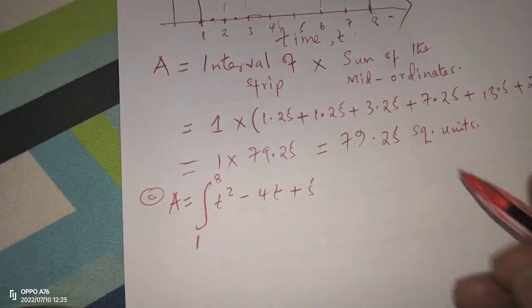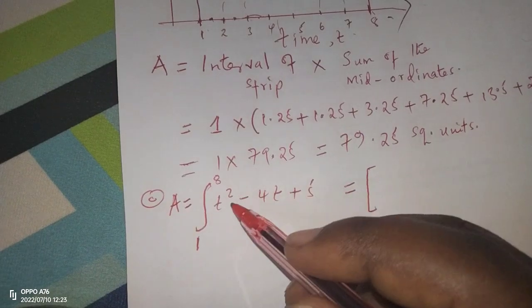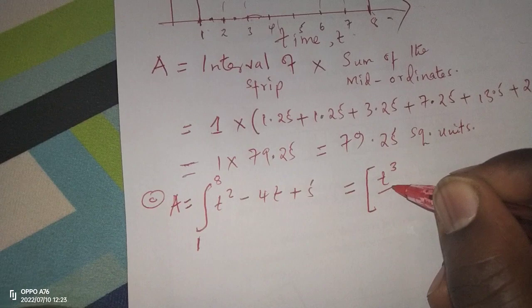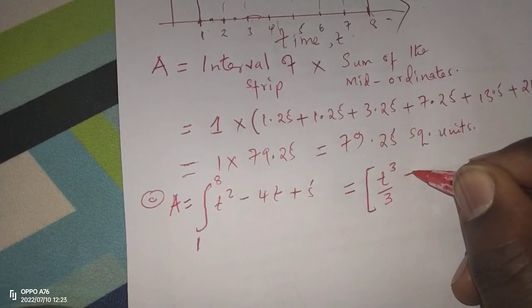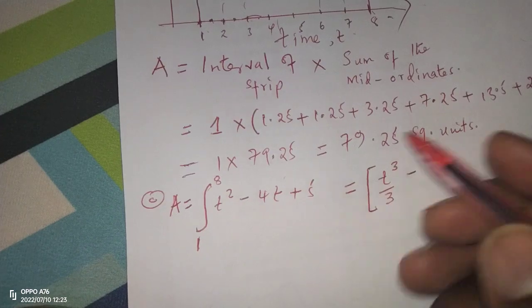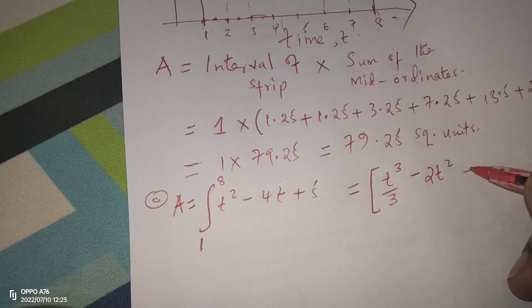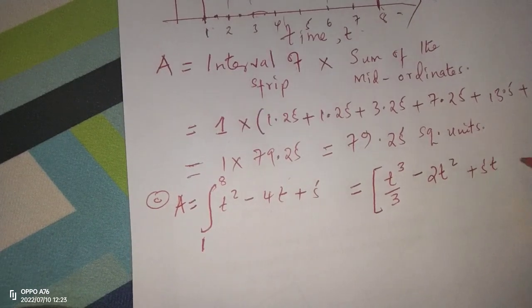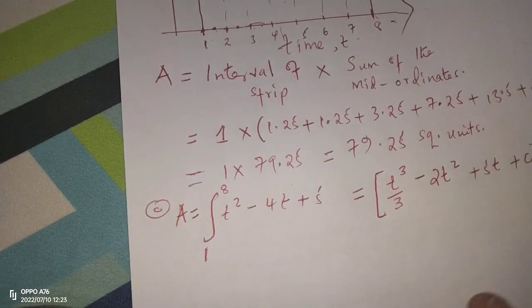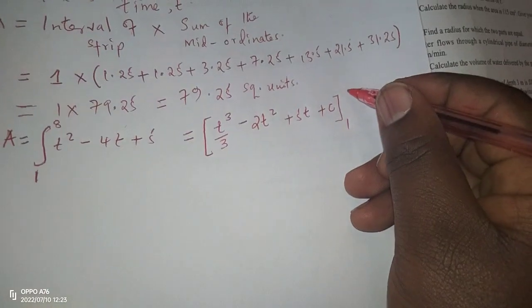Let us look at what we get after integrating this. We will have t cubed over 3, minus 4t squared over 2, which becomes 2t squared, plus 5t, and we introduce a constant of integration. Then we are integrating from 1 to 8.